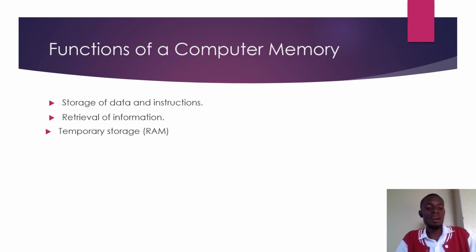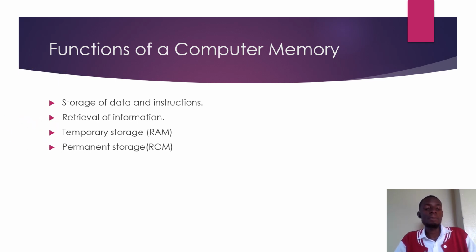The other function is the temporary storage, and this is basically done by the RAM. As I told you, the RAM stores information temporarily as it is currently in use by the CPU, and the information or instruction is lost when the system goes off. So it stores the information temporarily.